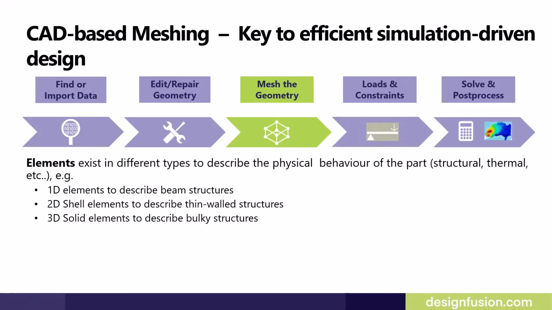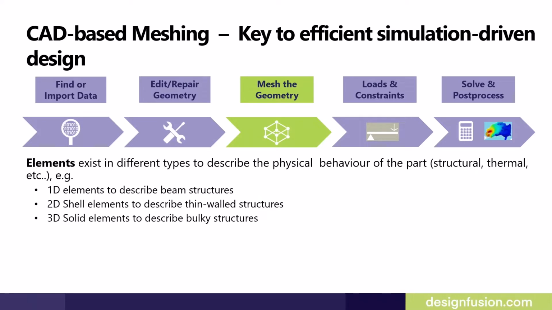If we are simulating a thin wall structure, in this case we can use 2D shell elements, such as for analysis of a car's door, roof and hood. The people who are dealing with bulky structures can use 3D solid elements.